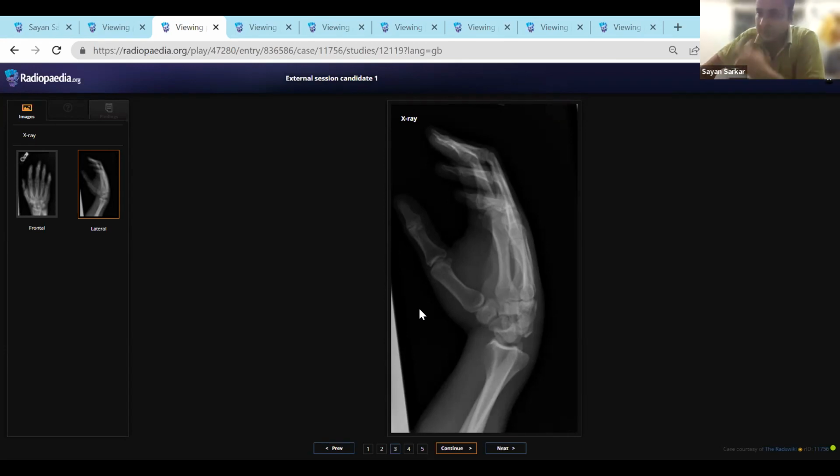So, suppose this patient had come to the emergency, and the GP had shown it to the orthopedician, and before you could report the radiograph, the orthopedician put the patient in a splint and temporarily discharged the patient.